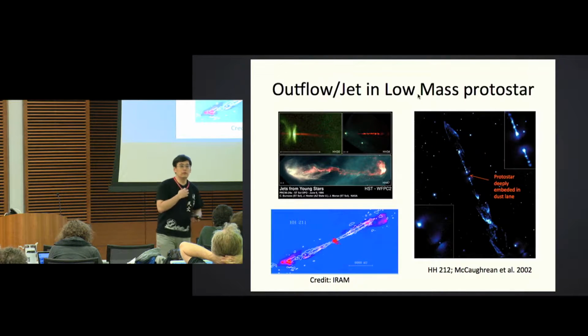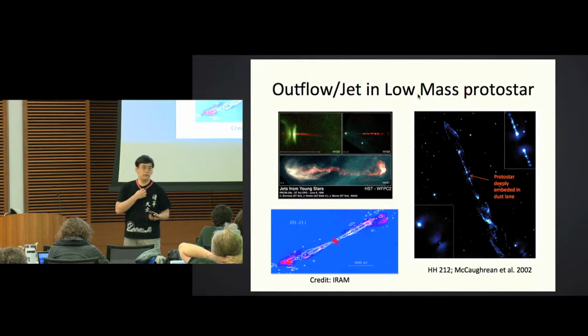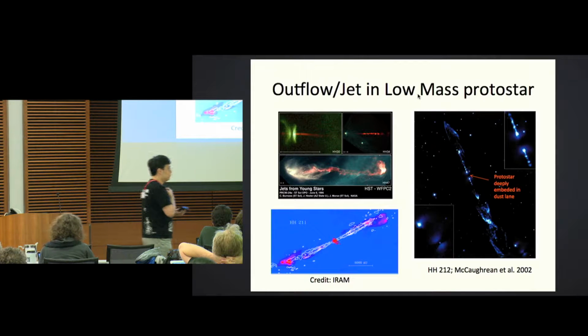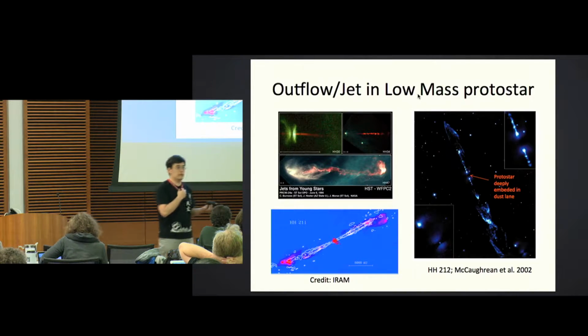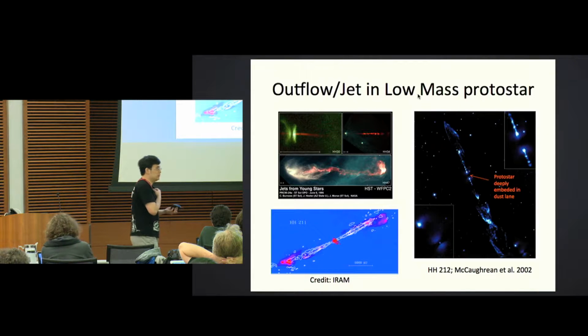So why do we want to know the magnetic field in the protostellar outflow? Because protostellar outflow is the most significant and obvious feature of star formation in low mass stars.